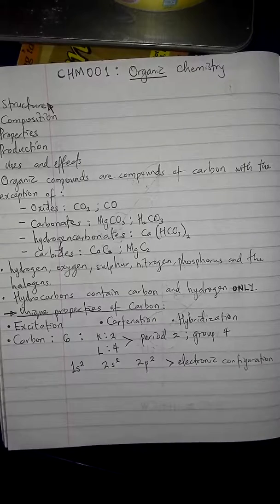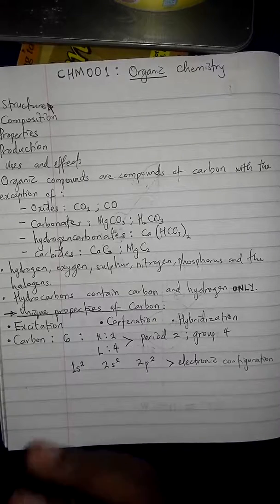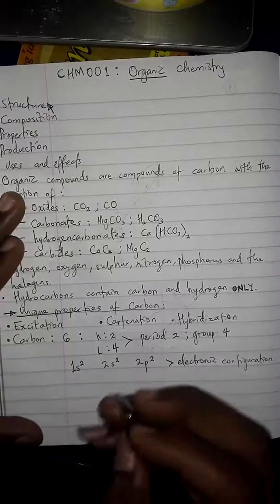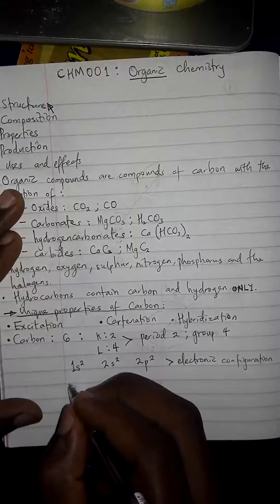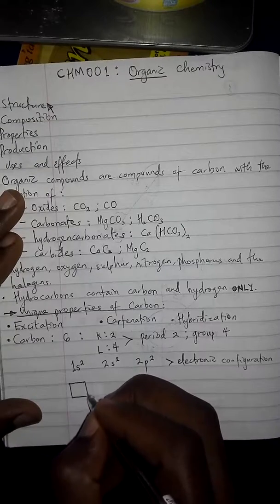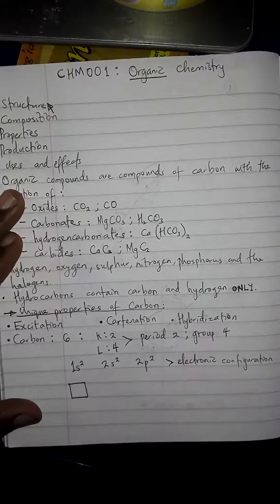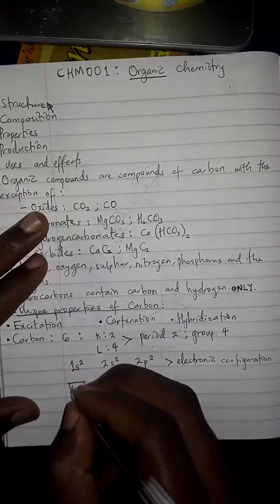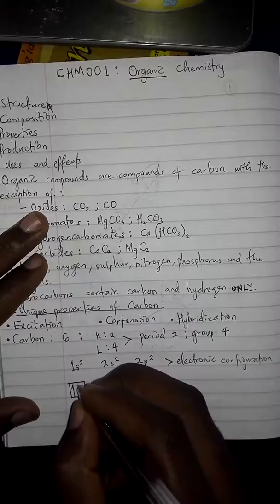We can actually draw this out, producing an illustration of the orbitals. For the 1s orbital, there is only one degenerate orbital. If you don't know what I mean by that, you should revise atomic structure.